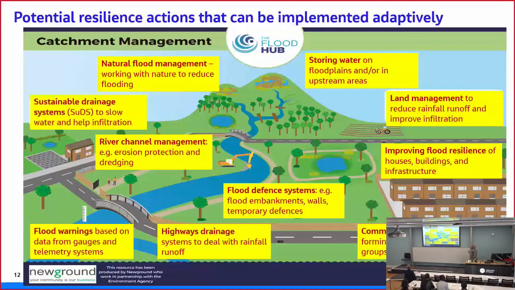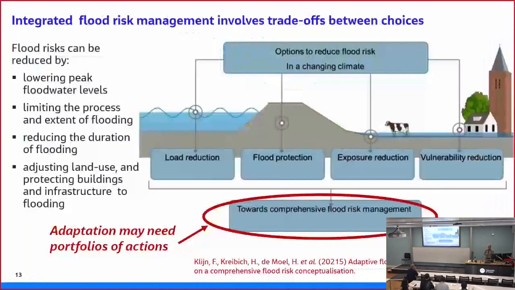And then along the bottom, you've got flood warnings and community resilience, and then improved drainage from hard permeable surfaces to reduce flood peaks. But it's very rare that a single measure is implemented on its own.